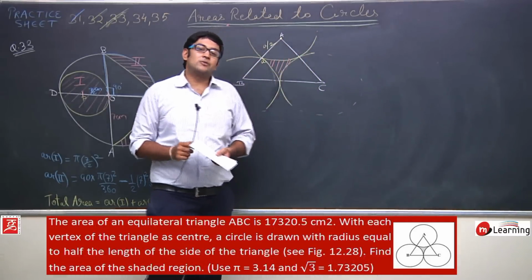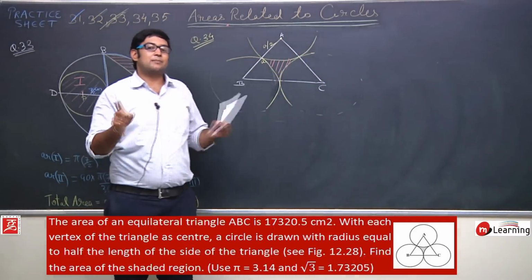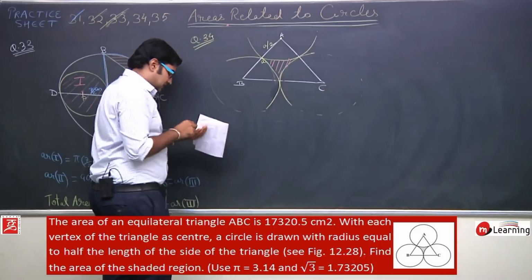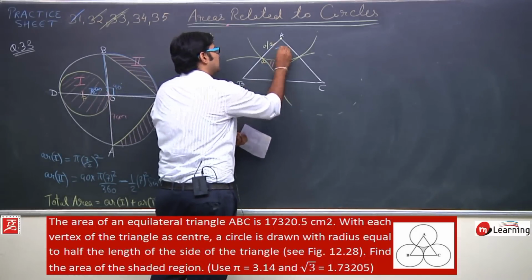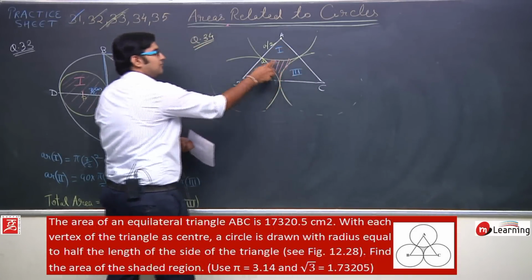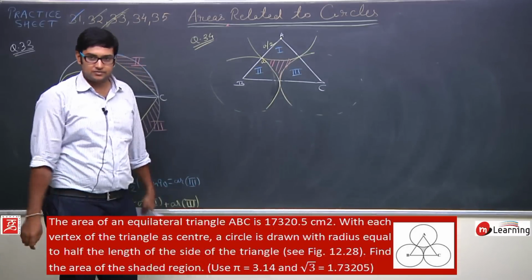It means from the area of the triangle, if I subtract these 3 parts, that is region 1, region 2 and region 3, then I will be left with the shaded region.